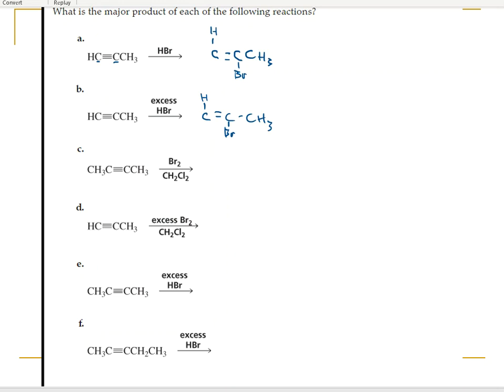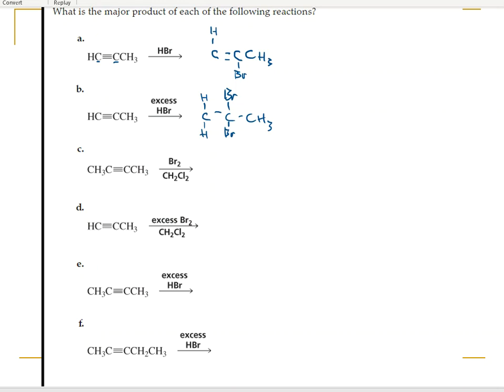Well, now they said excess, so another round of HBr is going to break a bond. 2 more sides of attachment open up. H plays with other H's, so it has to go there, and that forces the Br to go here. There's your geminal. We've created a geminal dibromide here.